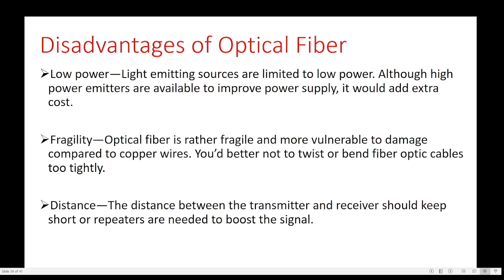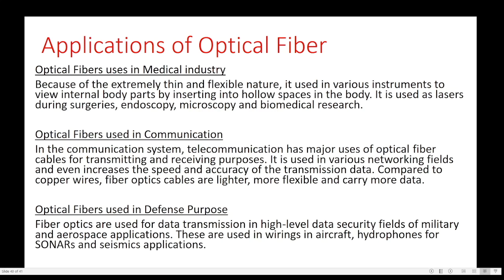The distance between transmitter and receiver should be kept short, or repeaters are needed to boost the signal. If we add different repeaters at different positions in the optical fiber, the cost will increase. These are the disadvantages of the optical fiber.